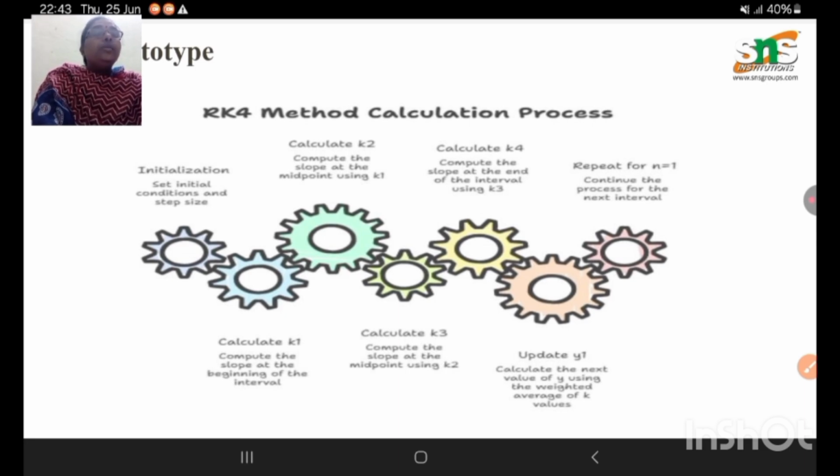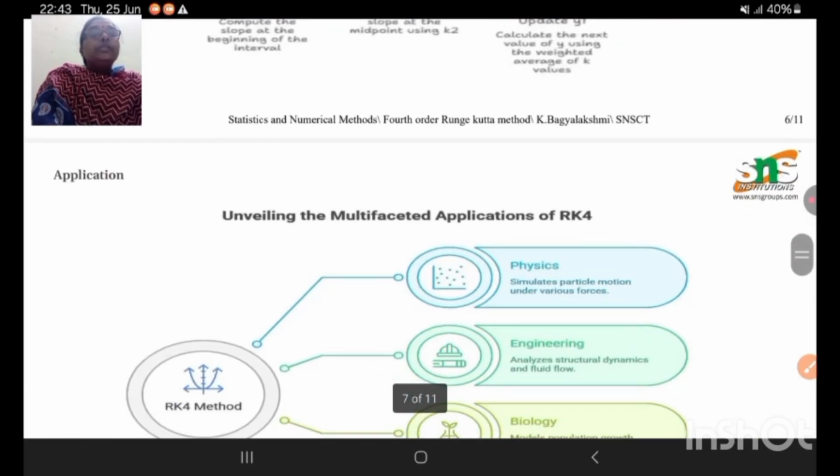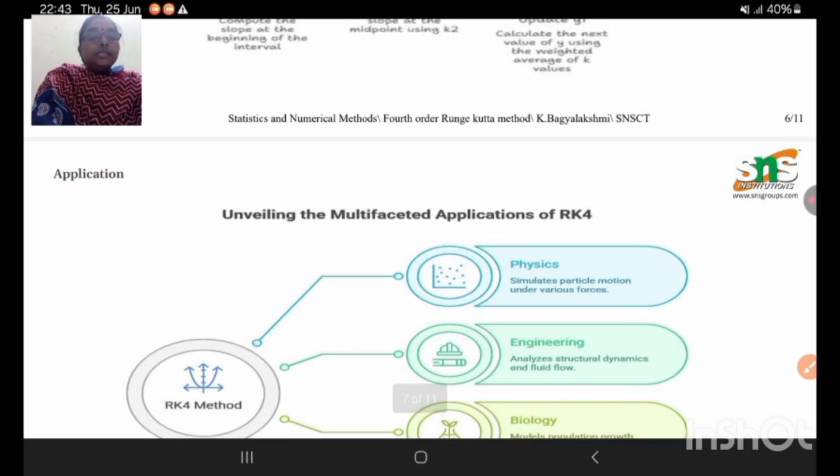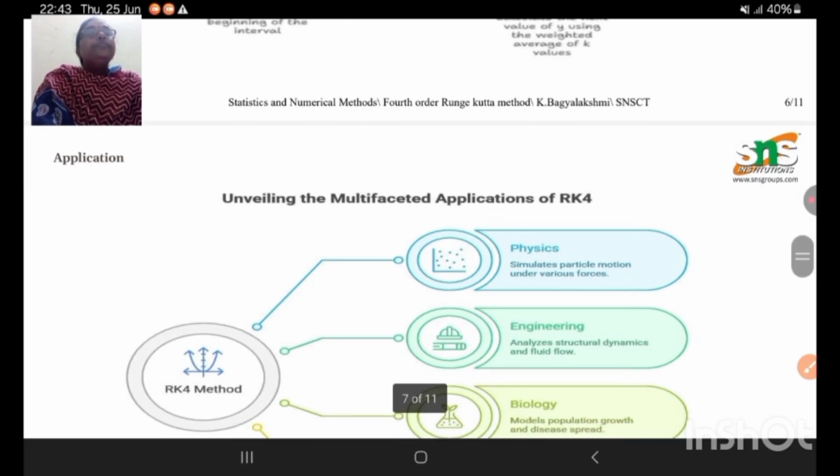Based on that y1 value and the weighted average of the k values, we can decide, based on the problem statement, whether to stop or continue and repeat the solution. If n equals 1, we can continue the process for the next interval. Finally, based on these accurate results, we can go for the conclusion.